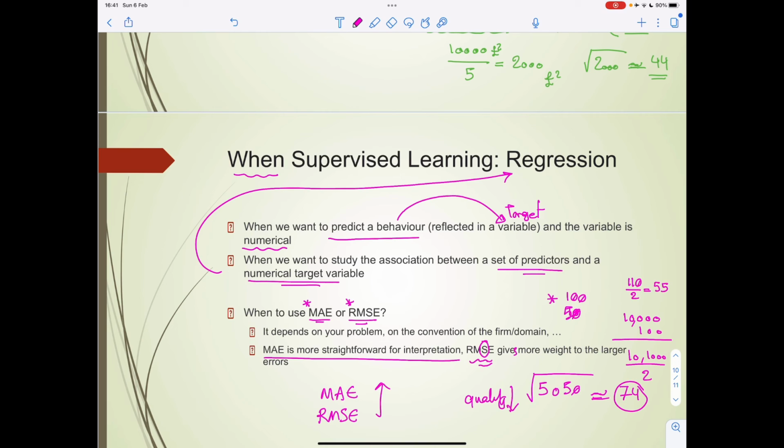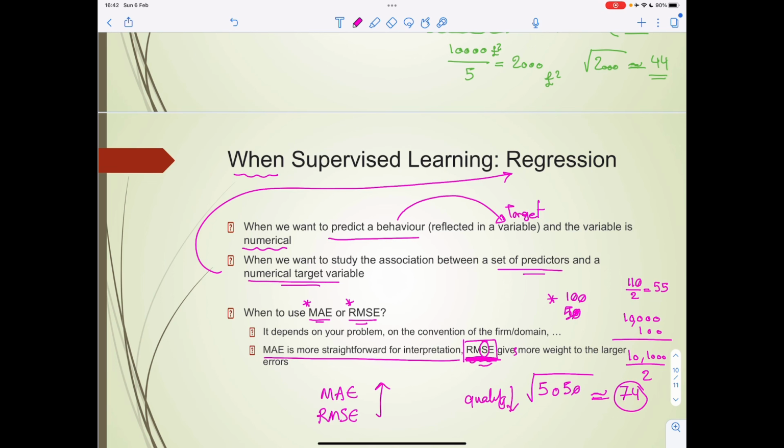So it increases linearly, but RMSE highlights and gives more weight to the larger errors. It's more sensitive. Sometimes in your problem you might be more careful about larger errors. And this is the difference between these two metrics.